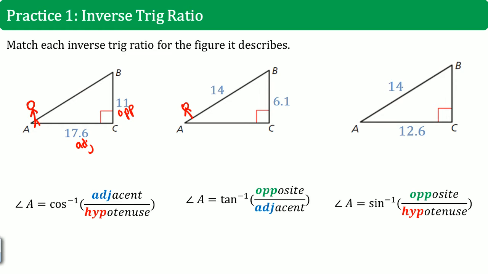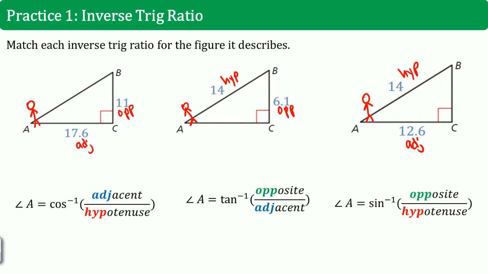For the second triangle, 6.1 is our opposite and 14 is our hypotenuse. For the third triangle, 12.6 is your adjacent, and 14 is your hypotenuse.